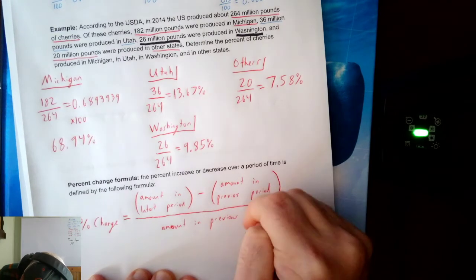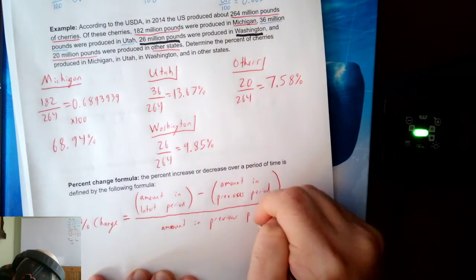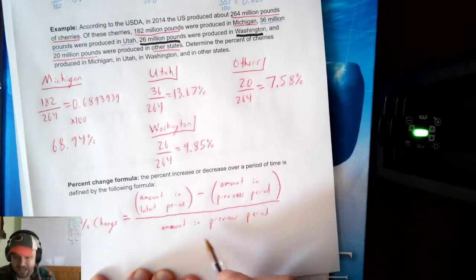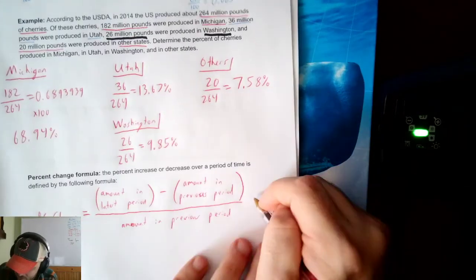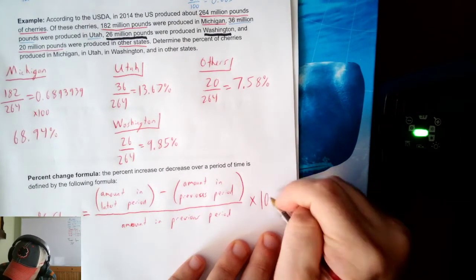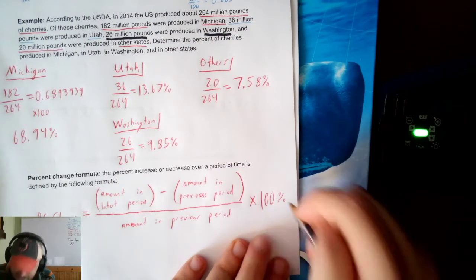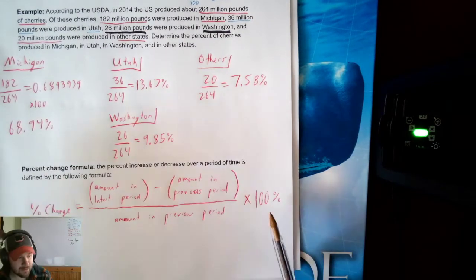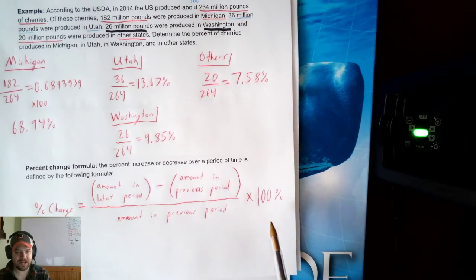Oops, I forgot a U in that previous. So you divide by the previous measurement, and then the last step, as almost always in percentage questions, you've got to bring 100 in there somehow. We multiply by 100 and we put a percent sign on it.